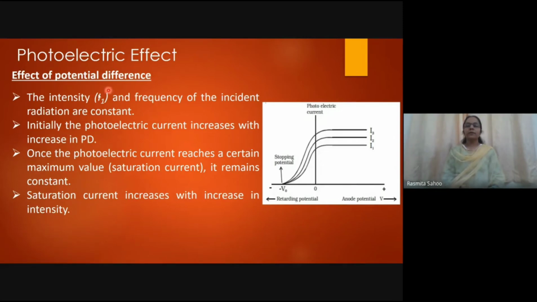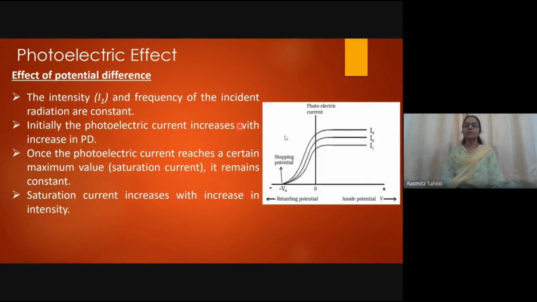Initially they had taken the intensity as I1. Now they repeated the experiment with different values of intensity. They changed to some value I2, which is more than I1, and plotted the graphs.